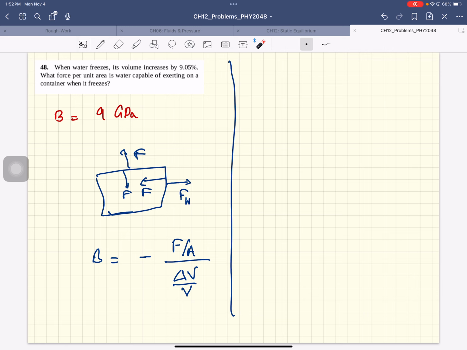H is 0.7 centimeters, 0.7 into 10 minus 2 meters, force is 600 newtons, and the area is pi r square. R is 2 centimeters, divided by 10 to the 9 newton meters squared. Okay, let's take care of the powers of 10.